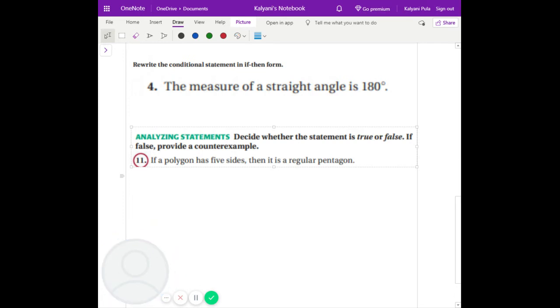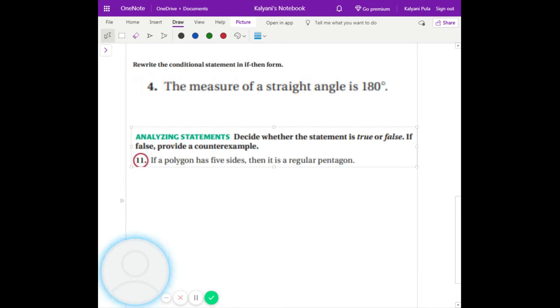I don't know my shapes, that's why. Oh, okay, it's fine. If a polygon has 5 sides, 5 sides means it's a pentagon.